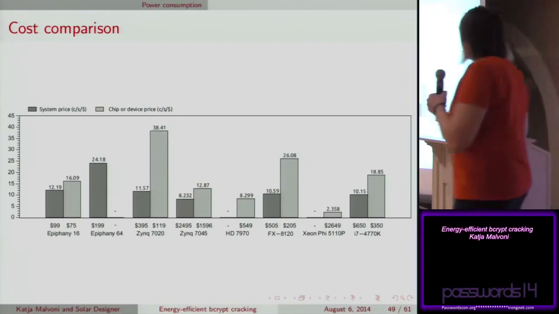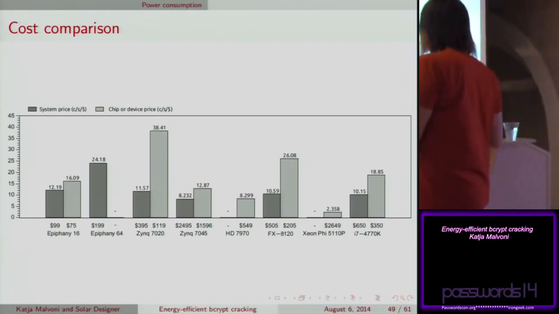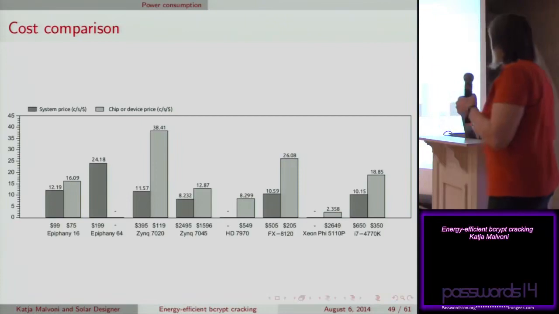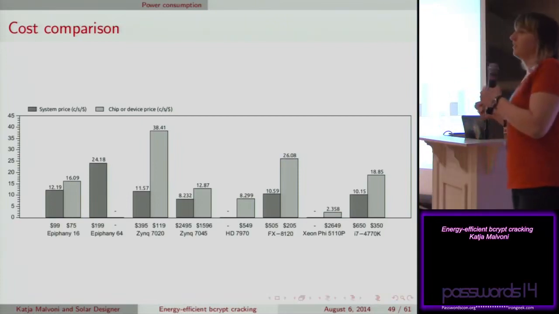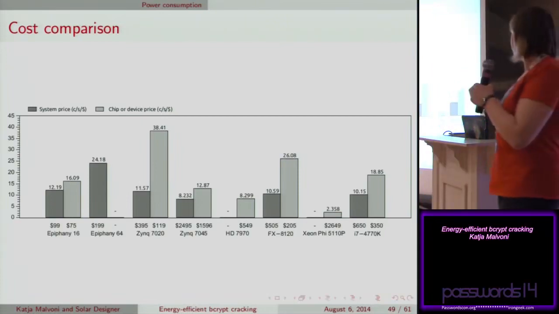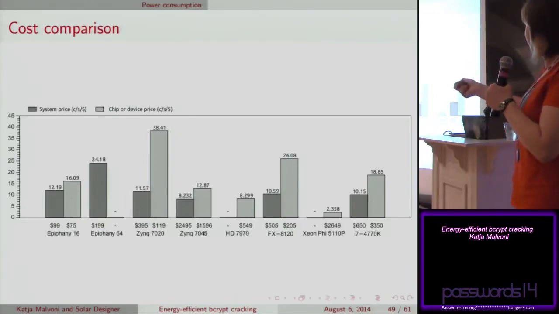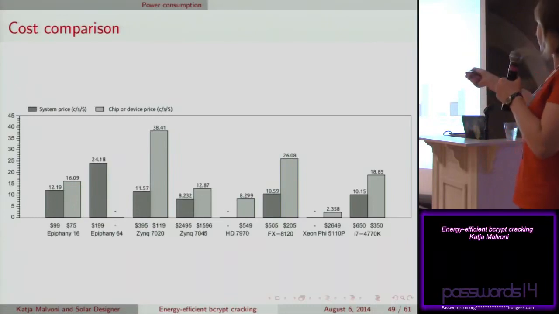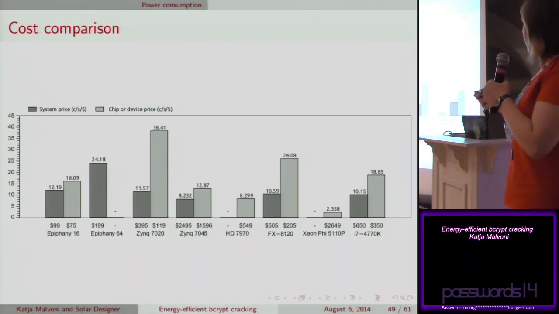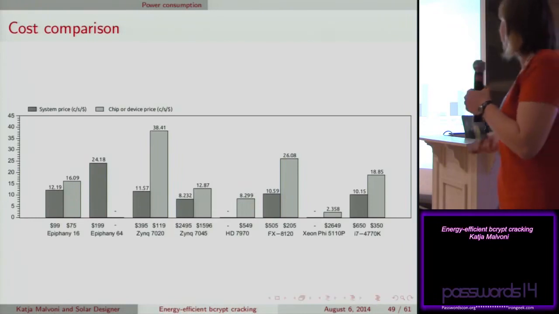It needs a motherboard, DRAM, heating, and a power supply unit. So we estimated those at $300 and added the device prices. And as we can see, actually Zynq 7020 performs the best. So on device price, cracks per second per dollar, its performance is the highest.